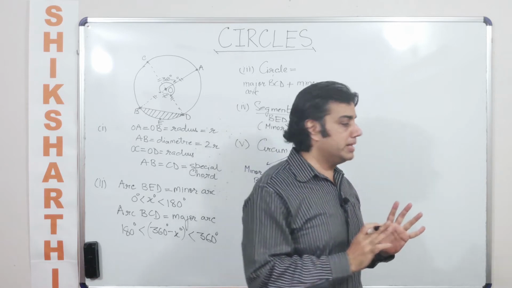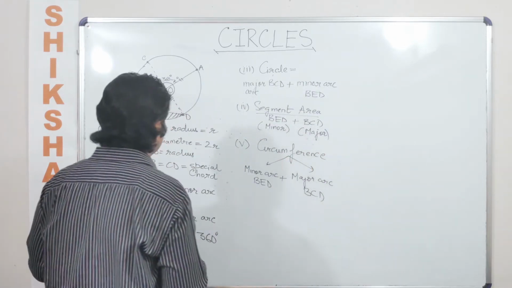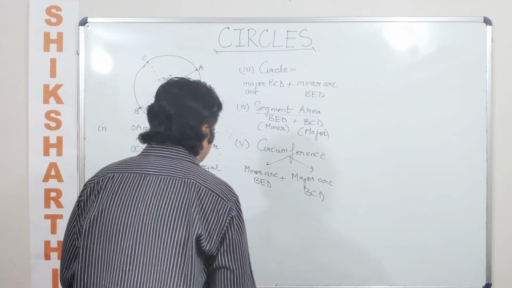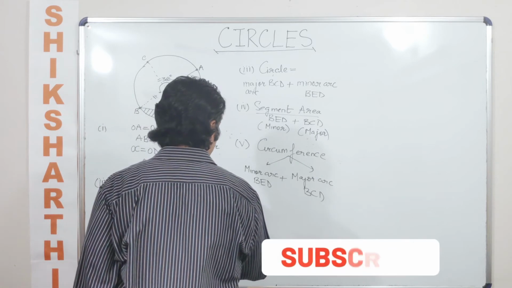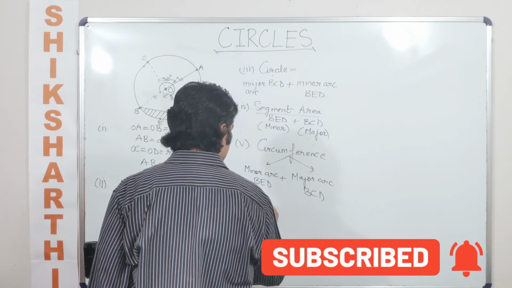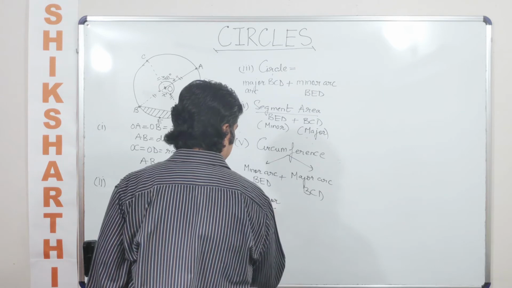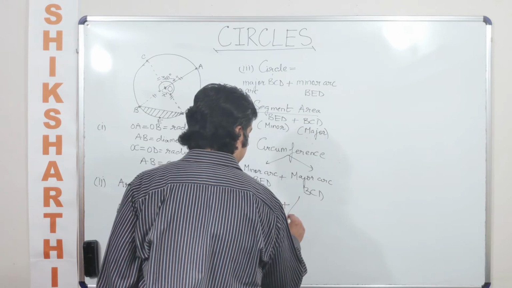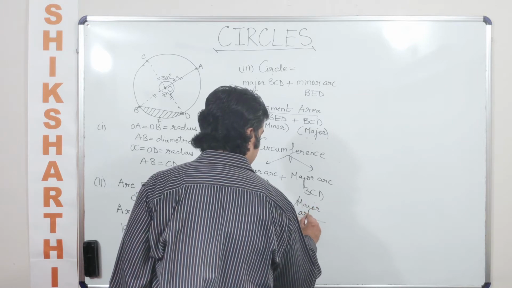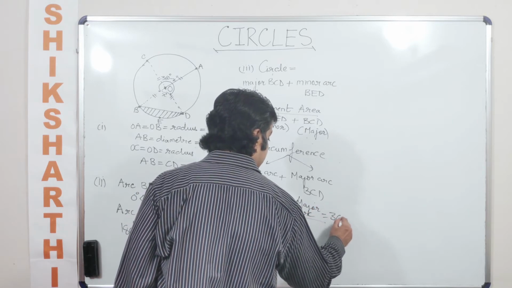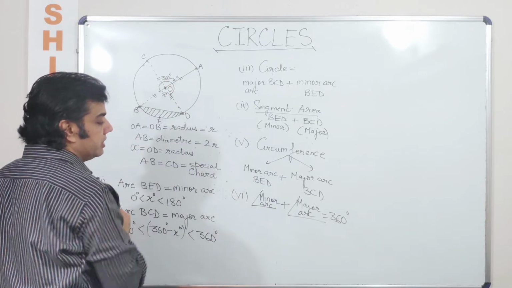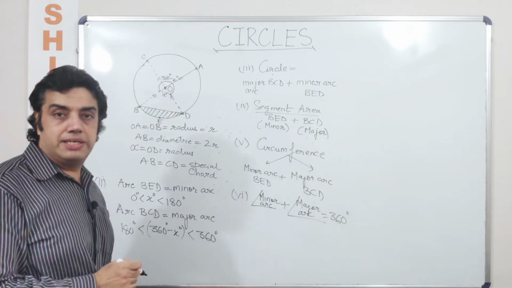Okay, so now finally if I talk about the angle, can I say the minor arc angle plus the major arc angle should be equal to 360 degrees? Of course, the minor arc angle plus the major arc angle should be equal to 360 degrees.